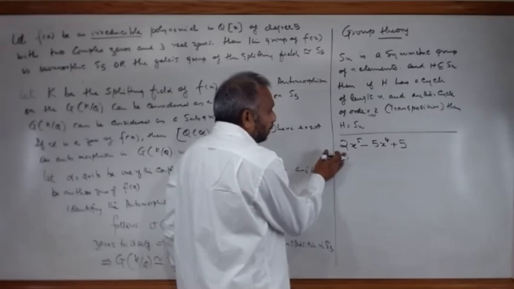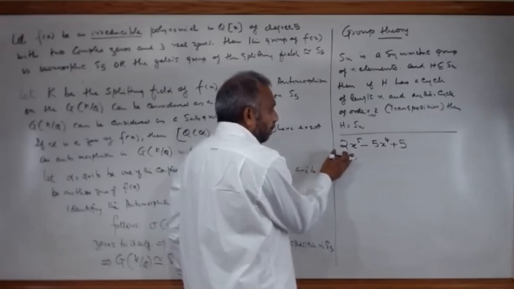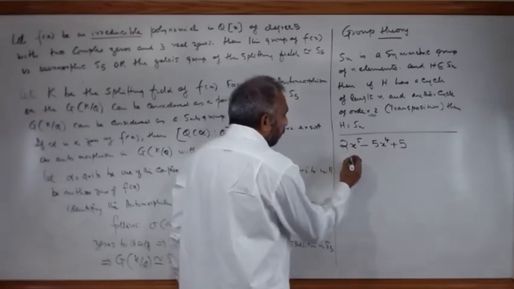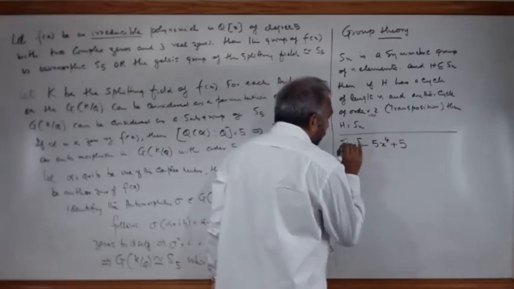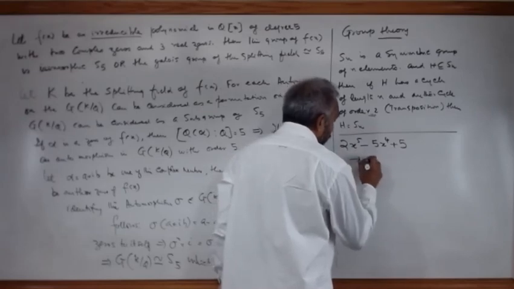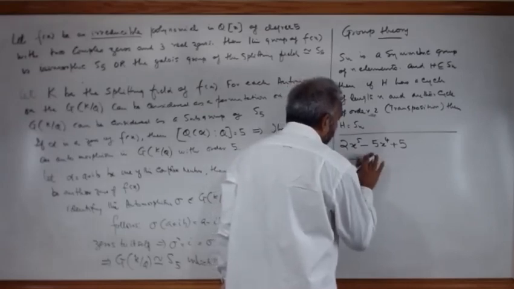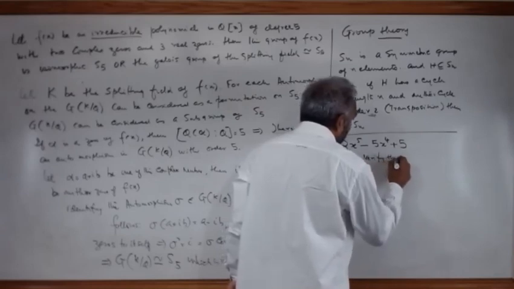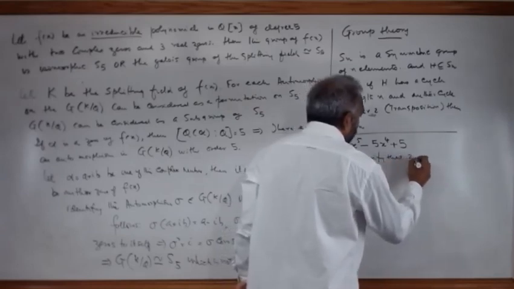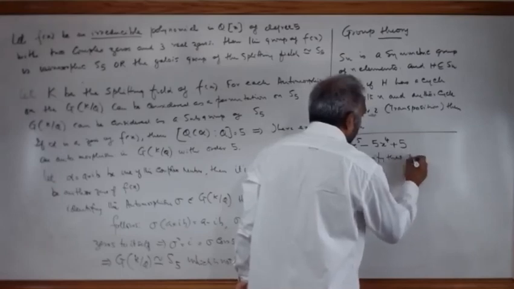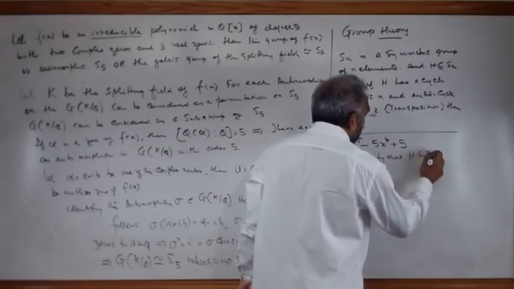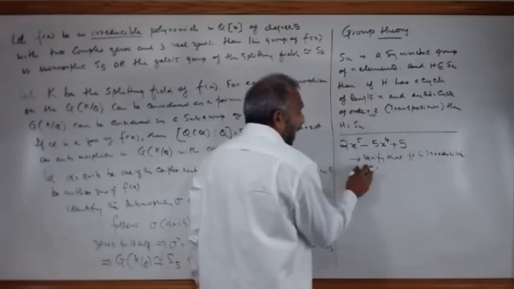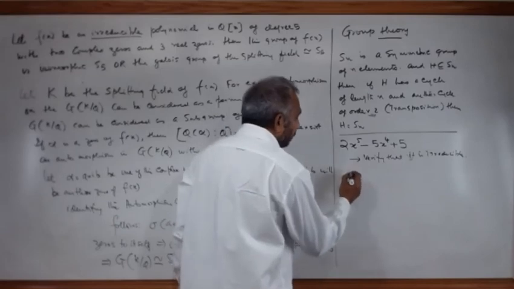I am not going into the details of how to find out the complex and real roots, but the method to prove is we need to verify that it is irreducible, and we can use Eisenstein's criterion here.